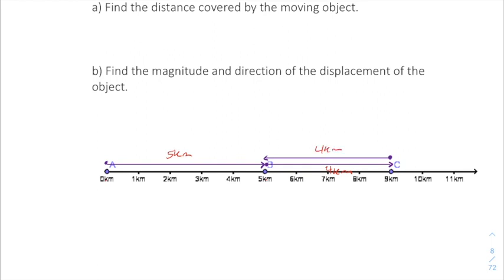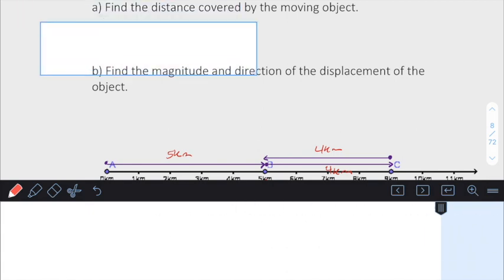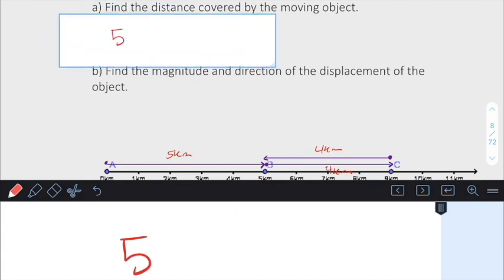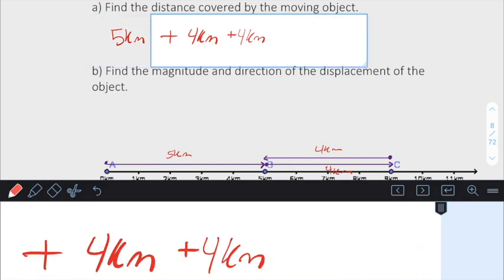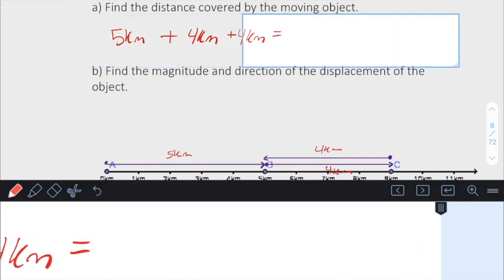So without putting any directional notation on here, we have 3 values: 5 kilometers for our first distance, plus 4 kilometers, plus another 4 kilometers, which gives us a total distance of 13 kilometers.